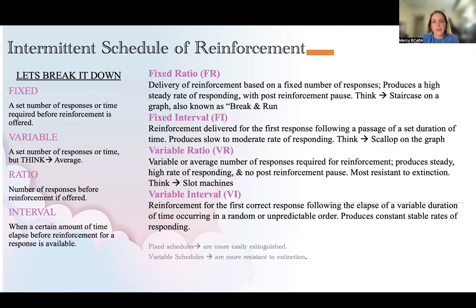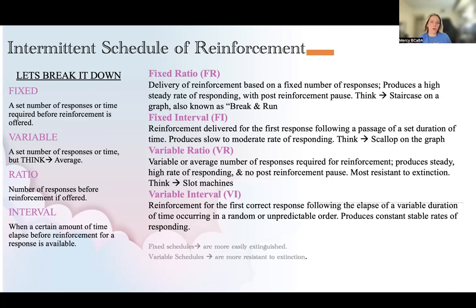So again, think scallop on a graph. If you're ever asked which graph is displaying a fixed interval, look for the one that looks like a scallop, like what's on the fish's skin. You'll get that answer correct. So right there, you're already ahead by 2.